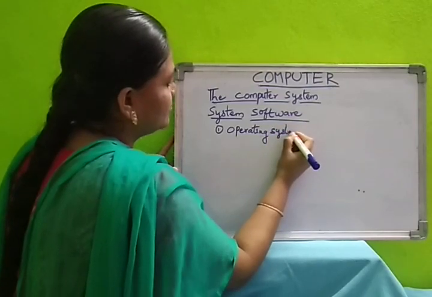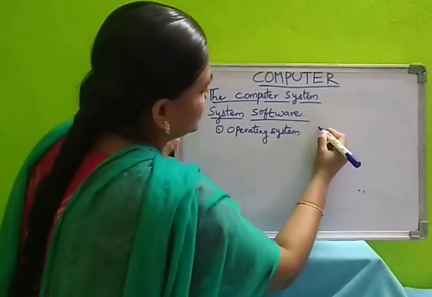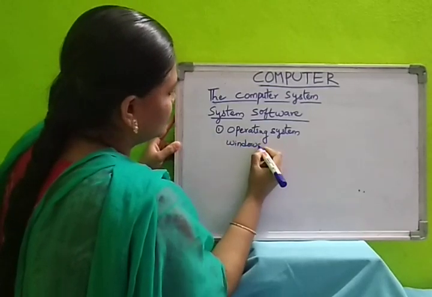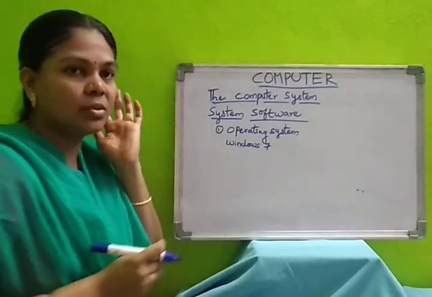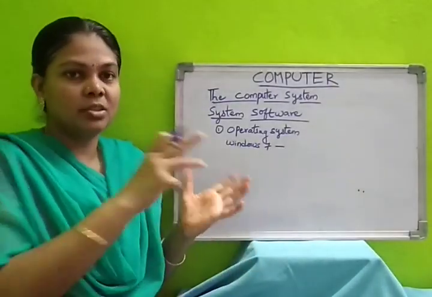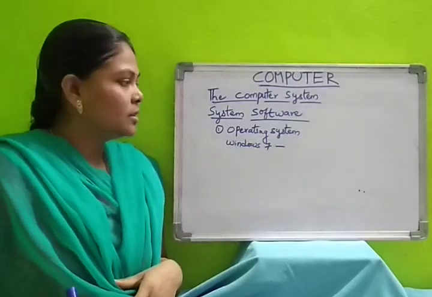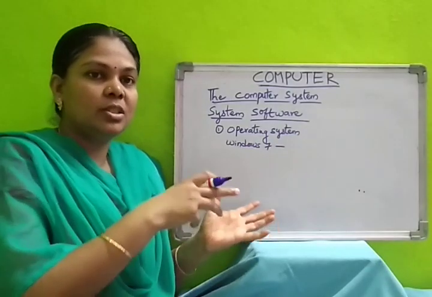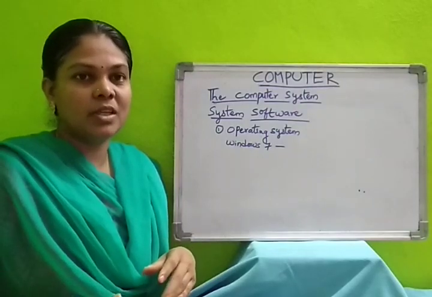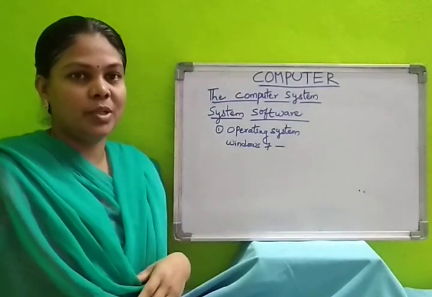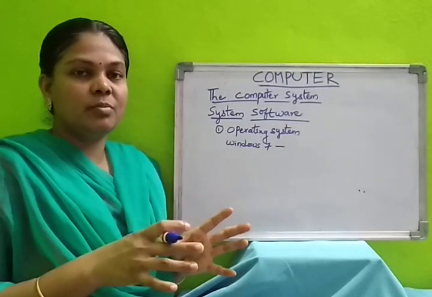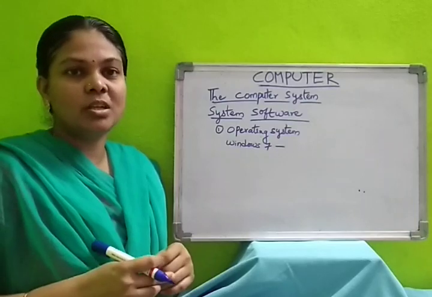Generally we use an operating system, for example Windows 7. Nowadays in our systems we are using the Windows 7 operating system. This is the interface between the user and the hardware, the computer. Whatever the user gives, it converts into machine understandable language and gives it to the computer. After that, it converts the information again and it is displayed on the monitor.